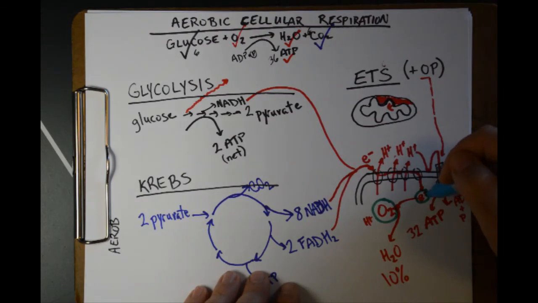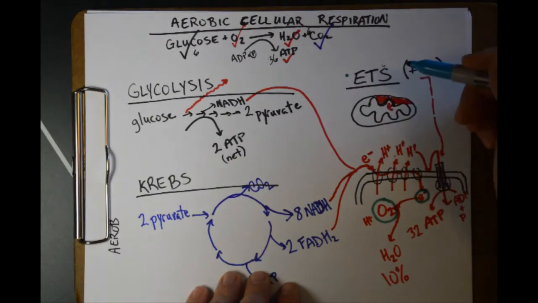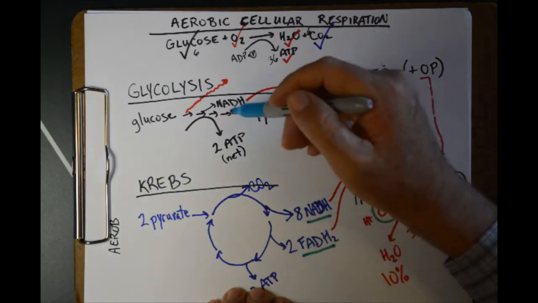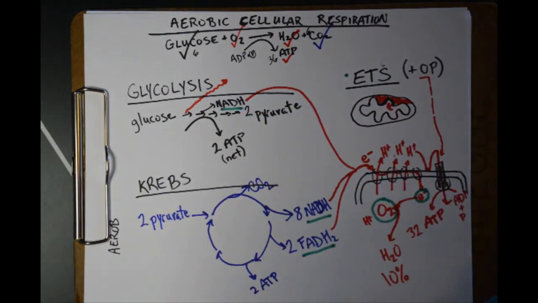If we can't accept electrons, then this whole system shuts down, and anything that produces these electrons also is in trouble as well. So that's why we breathe in and out all the time, and the more ATP we need, the more oxygen we need as well. So there's an overview. I hope that put a few things into perspective.